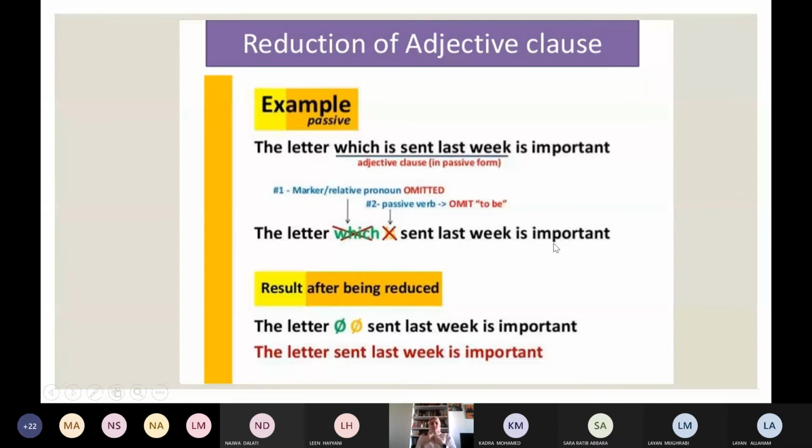How would I know, teacher, that sent last week is a subordinate clause? What is sent last week doing here? The letter sent last week. What is the job of sent last week? The letter is the subject, important. What is sent last week? That was sent last week, which was sent last week.